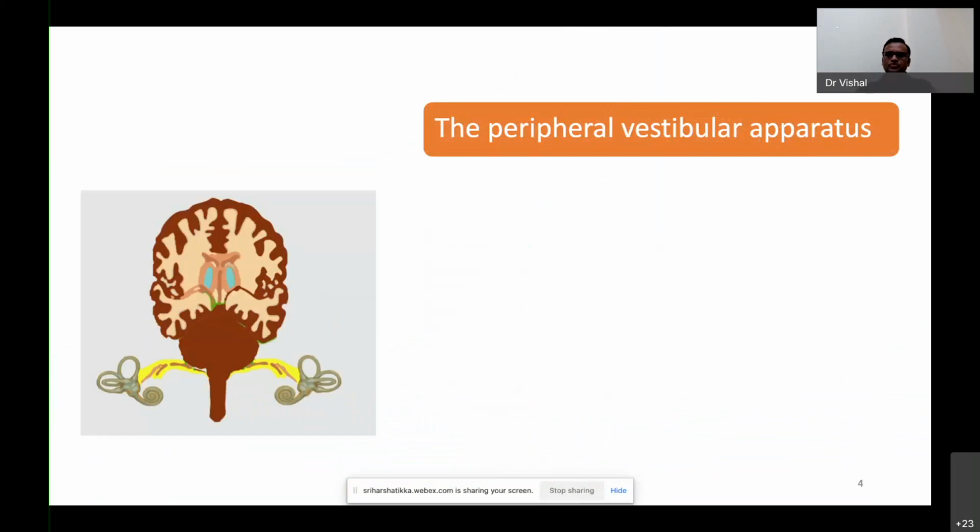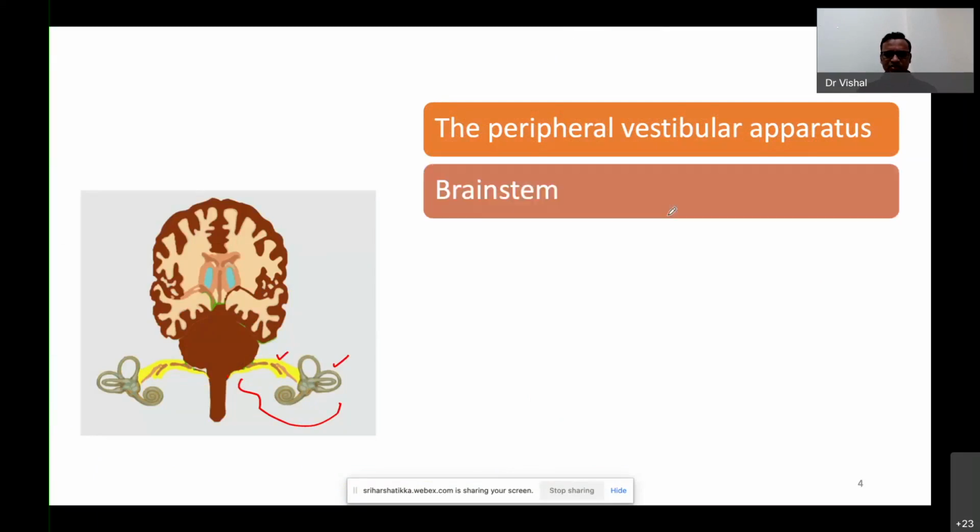Coming to nystagmus, the localization for the nystagmus lies either in the peripheral vestibular apparatus, that is the semicircular canals and the vestibular nerve, and functionally the vestibular nucleus, or in the brainstem or the cerebellum.